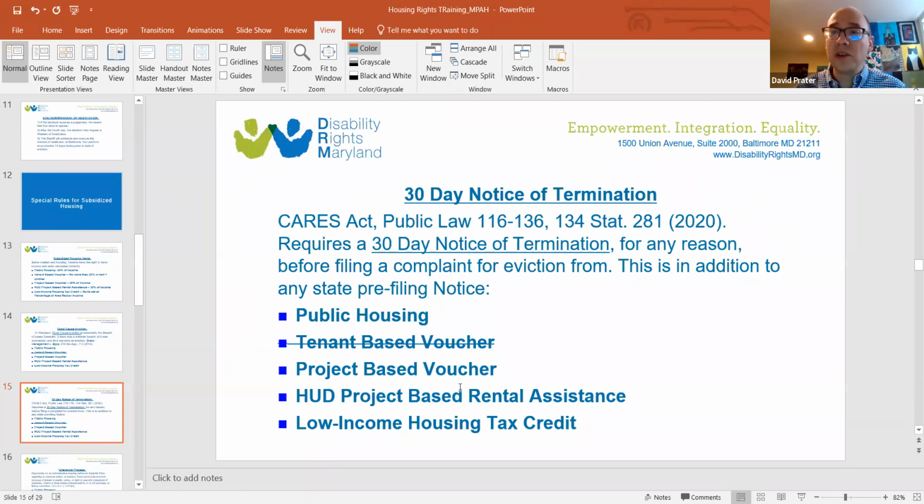The landlord must also serve the tenant with that 10-day notice of intent to file required by Maryland state law. So residents in subsidized housing may get a lot of paper, and it may be very, very confusing when they're facing eviction.